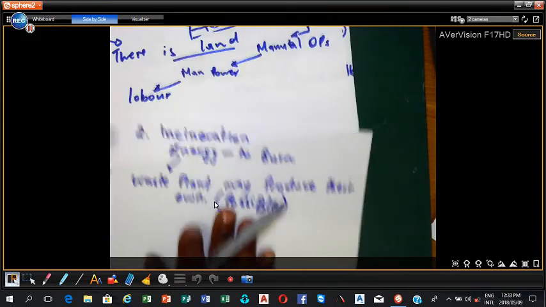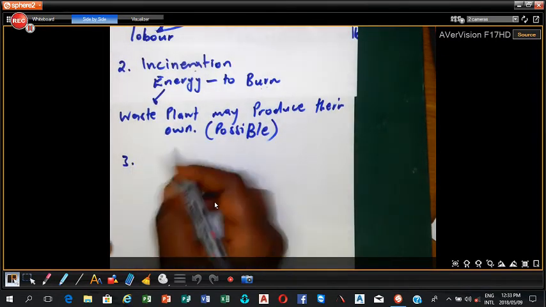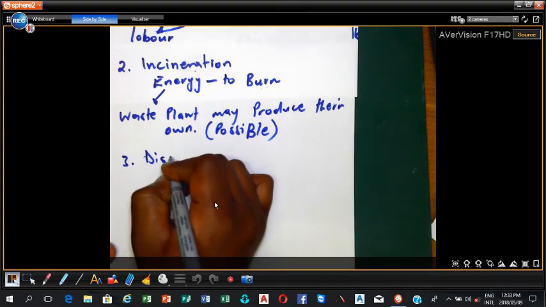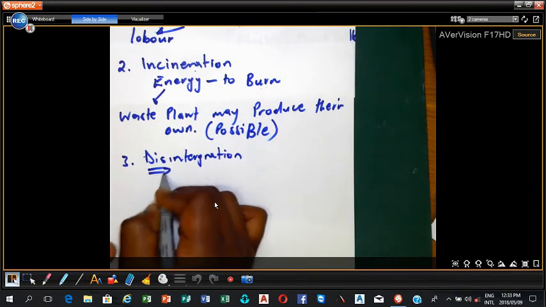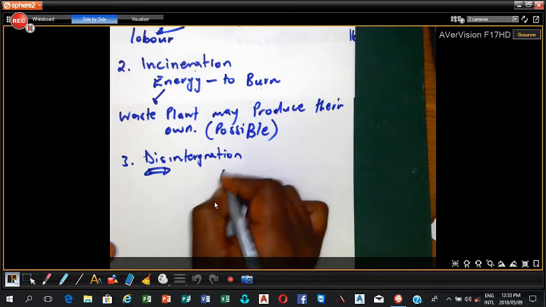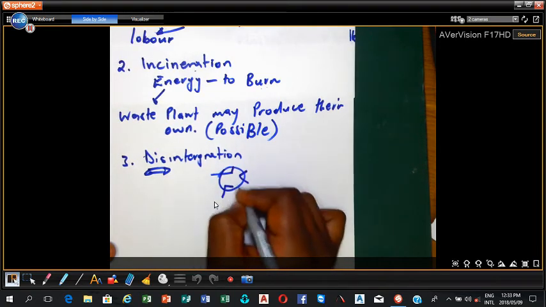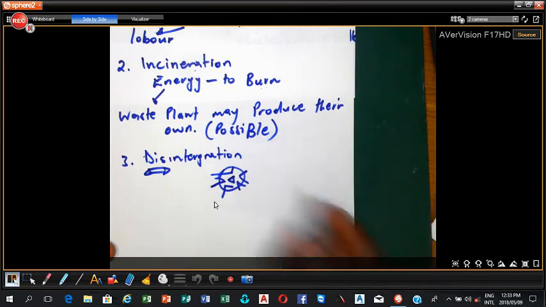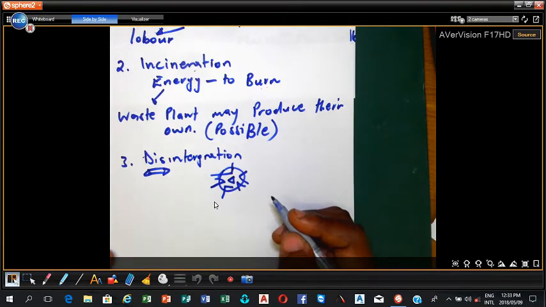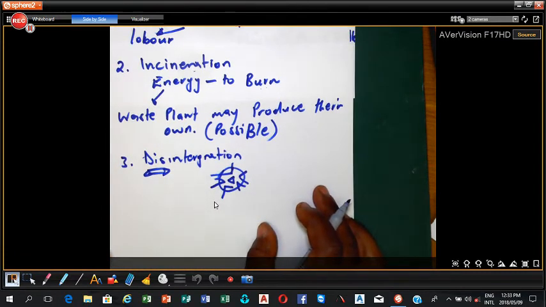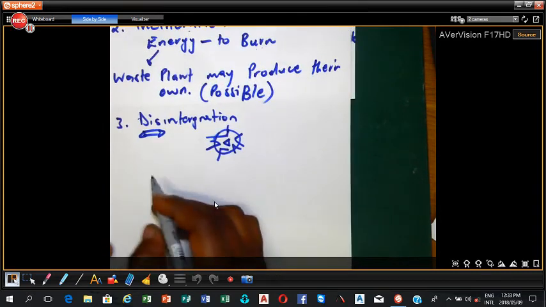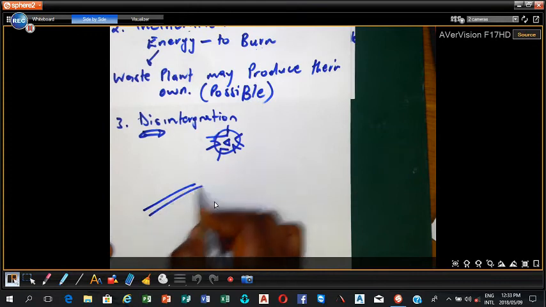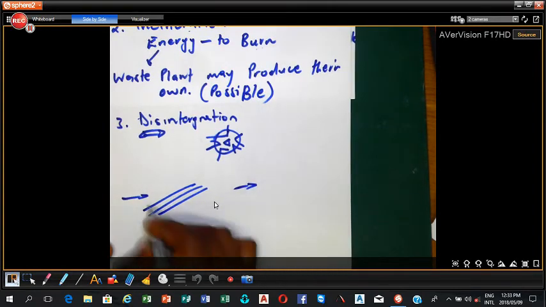What other methods do we have? We talk of method 3, which is disintegration. If you talk of disintegration, you talk of breaking down into smaller particles through bacteriological reactions. Here, remembering that these were our screens, we discover the screens here, and then we collect them to a spot here.